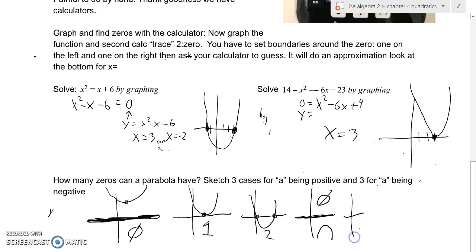I could come up and touch the x-axis exactly once, or I could come up and go down and cross it twice. Can we cross it 3 times? Is there any way our parabola would turn back around and cross it again? Well, no, because then it wouldn't be a parabola, right? So these are our only options, 0, 1, or 2.